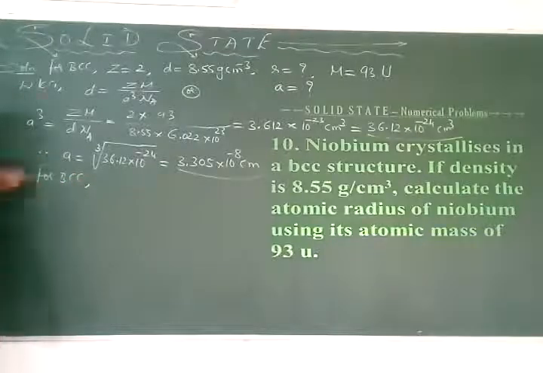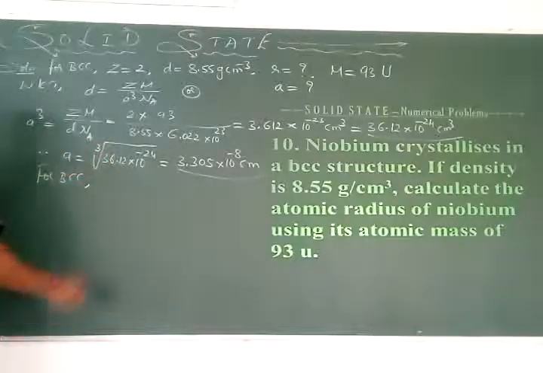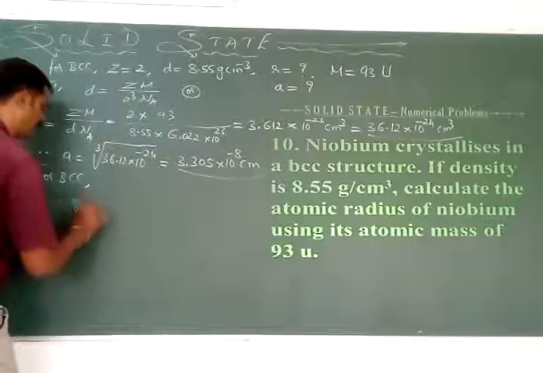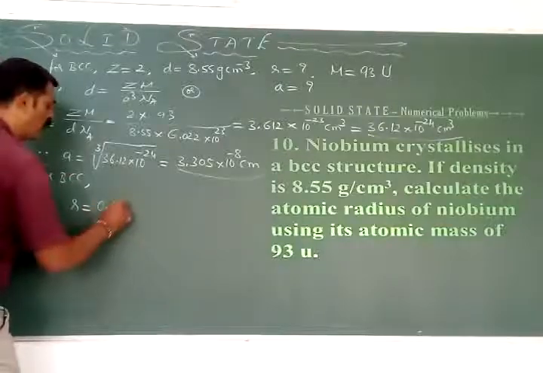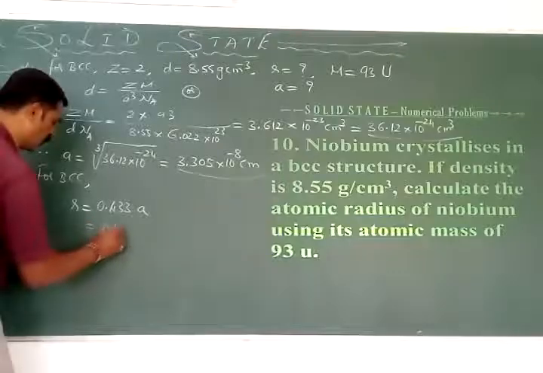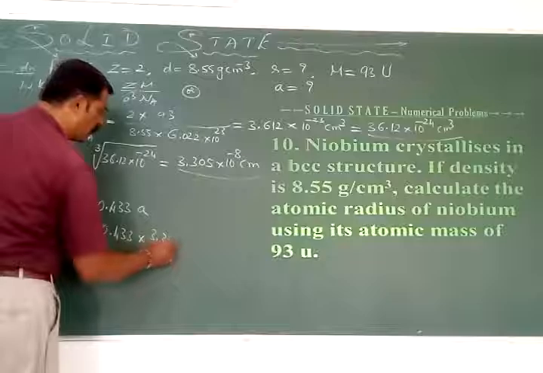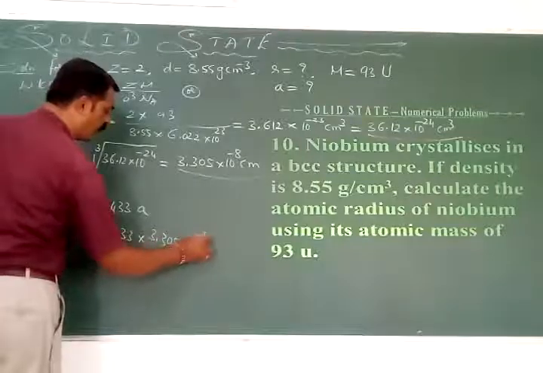Now, for BCC we need the atomic radius of that one. R is equal to 0.433 into A, that is equal to 0.433 into 3.305 into 10 to the power of minus 8.